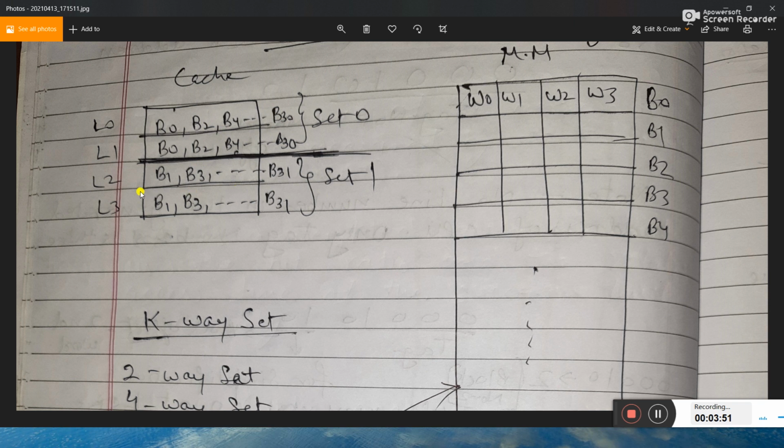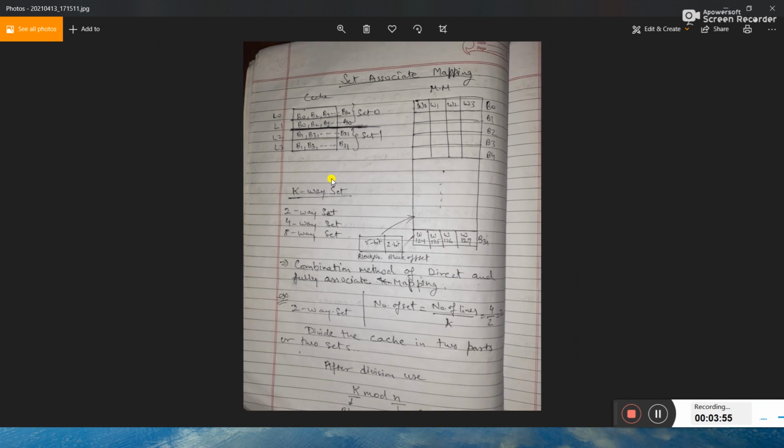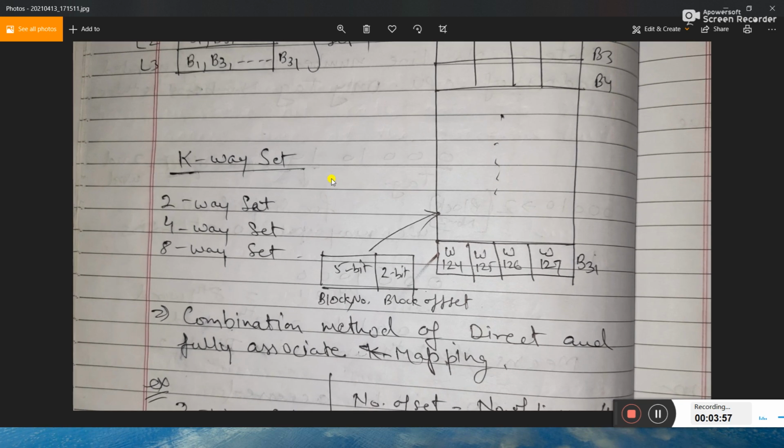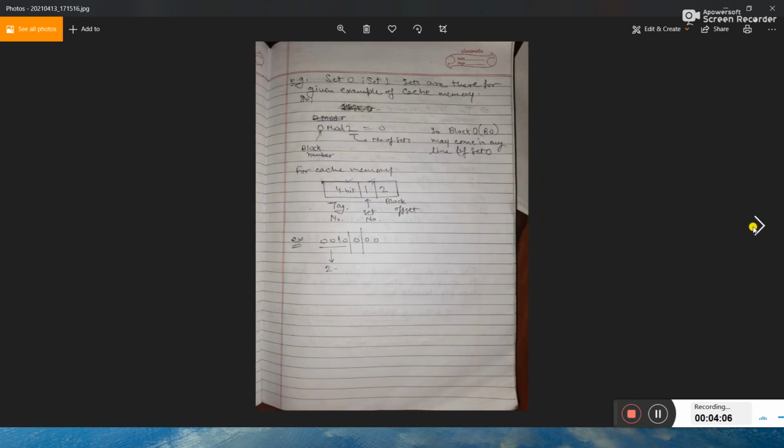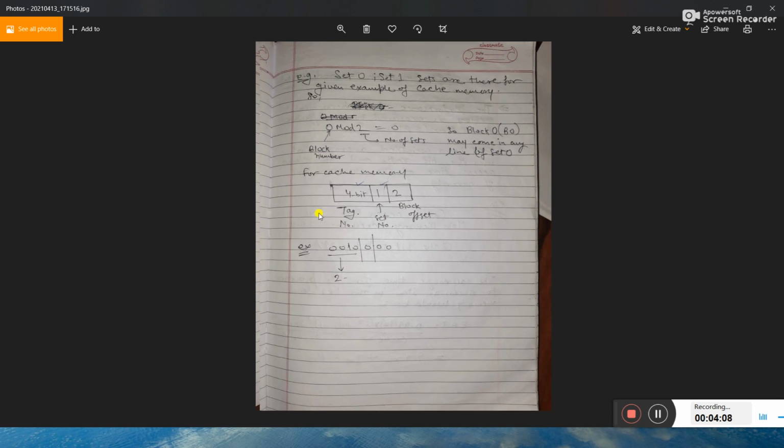Similarly, in set 1 you can store B1, B31 and so on. The point is that finding something in a set is easier than in a fully associative method, since I can find my block in a particular set.